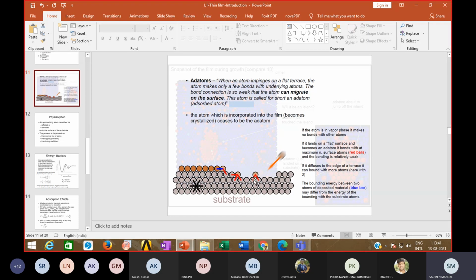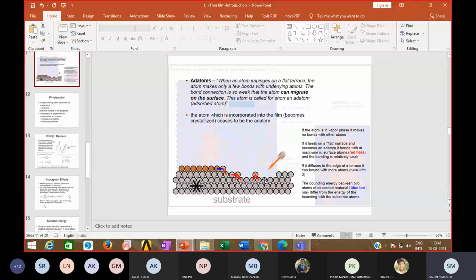Then again the bottom three atoms will try to make a bond with this top atom. In this way it will move. That's why it is called hop distance, and the entire distance, how much it is traveling, we can calculate.